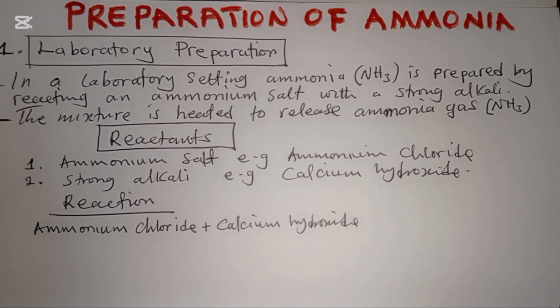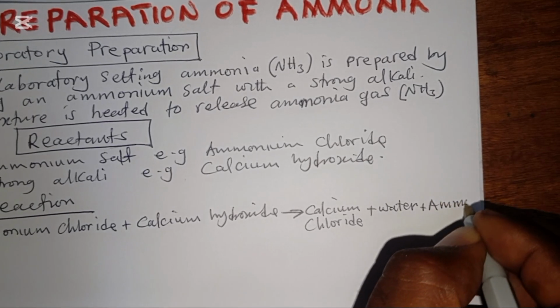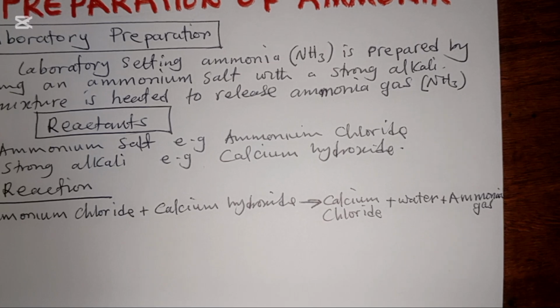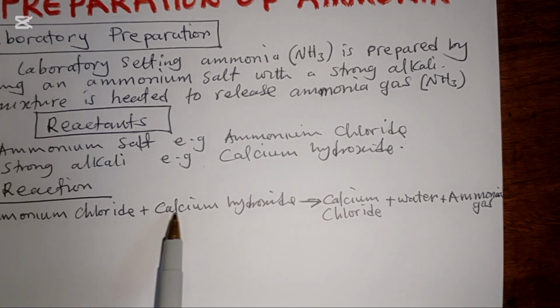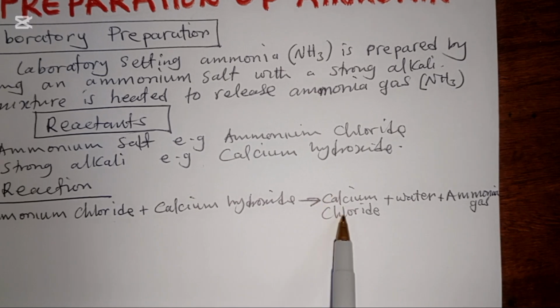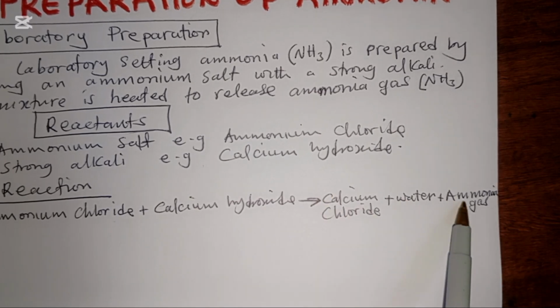So we are going to have calcium chloride plus water plus ammonia gas. So this is the word equation. Ammonium chloride plus calcium hydroxide. We are going to have calcium chloride plus water plus ammonia gas.